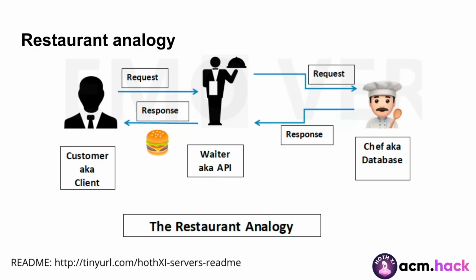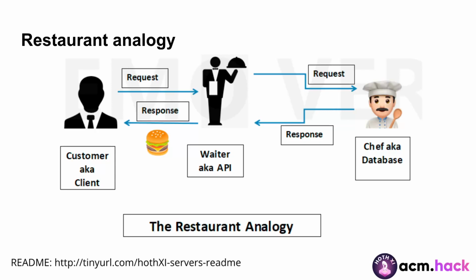One way to conceptualize this in a diagram is right here. You, the customer, are also going to be called the client in the case of a software server, and you will send your request to the server, aka the API, which I'll define soon, aka the waiter.